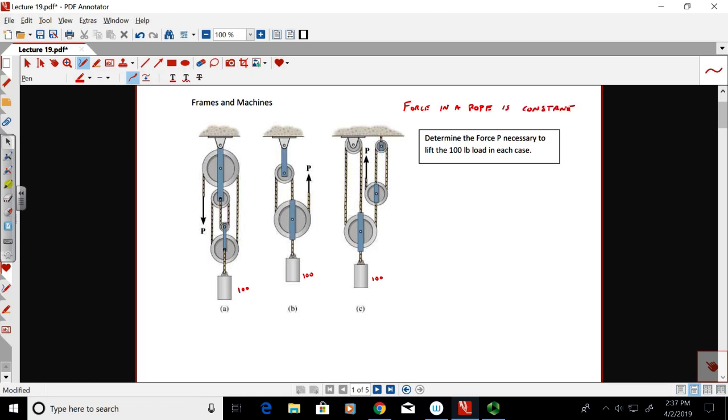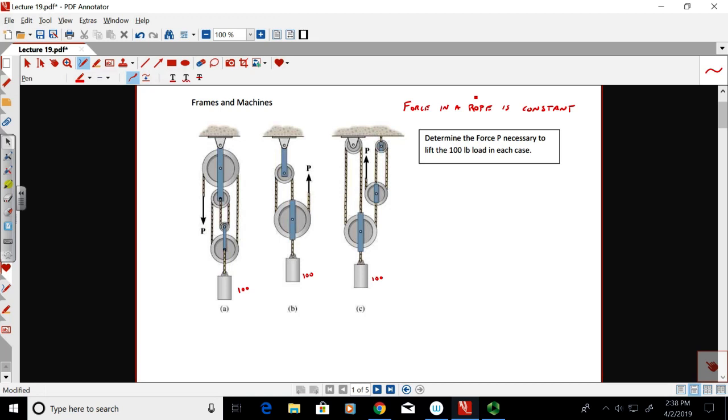Some of you might be doubters and ask, is the force in a rope really constant? Technically it's not, because there is some friction. But we're going to simplify and say in a simplistic way that the force throughout the rope is constant. We call that force typically tension.